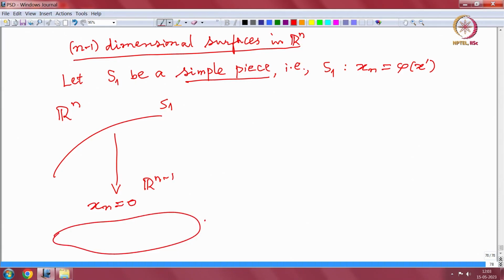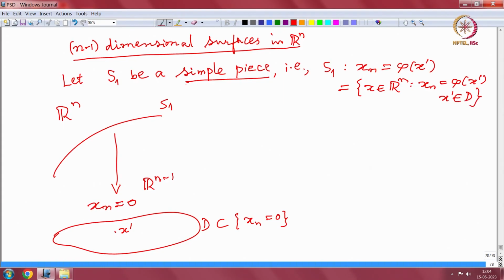I call this D, this is in Xn equal to 0, and any point here is denoted by X prime, and so a point in S1 is nothing but X in Rn, where the nth coordinate is given by phi of x prime for some x prime in D. Such a thing we call a simple piece.